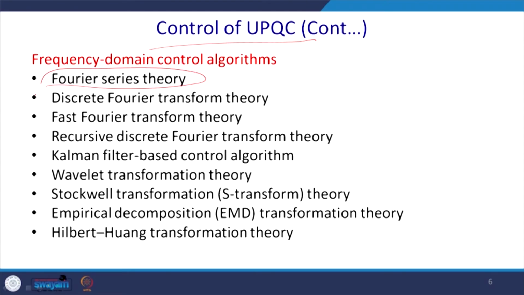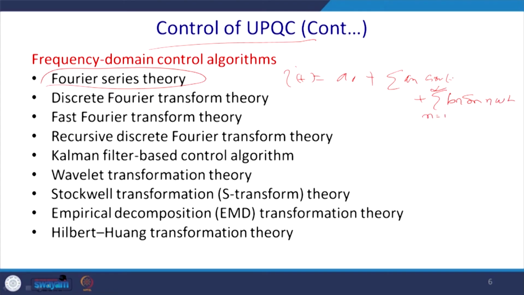You can express your IL in terms of A0, if a DC component is present, though generally it is not present, plus the summation of An cos n omega t plus Bn sin n omega t, with n equal to 1 to infinity.